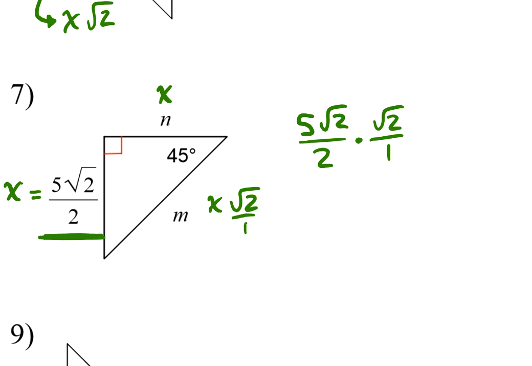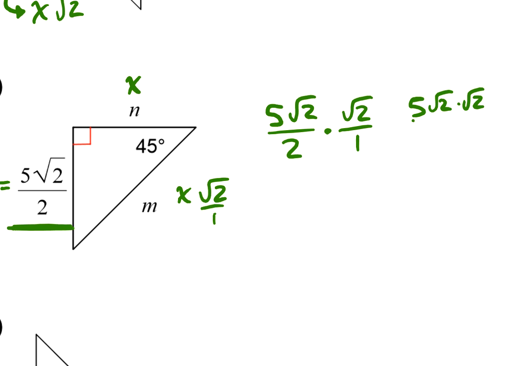In my numerator, I have 5 times the square root of 2 times the square root of 2. And in my denominator, I have a 2. When I multiply root 2 times root 2, I get the square root of 4, which is 2. This is just 5 times 2 over 2. I have a common factor of 2.